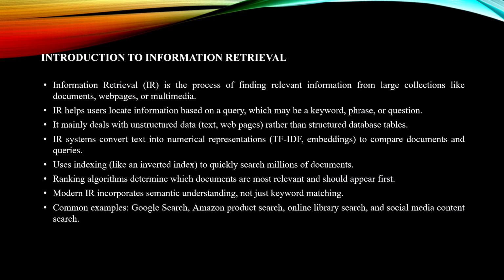But this traditional setup has limits. It depends heavily on keywords. It struggles with synonyms or polysemy and doesn't learn from user behavior. Machine learning helps overcome these limitations by introducing learning based ranking and semantic understanding.